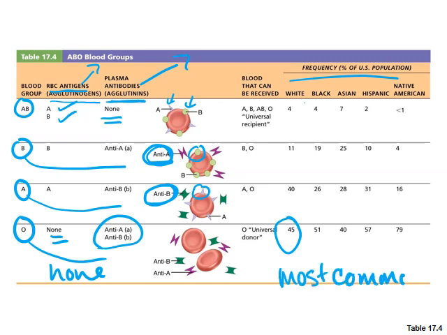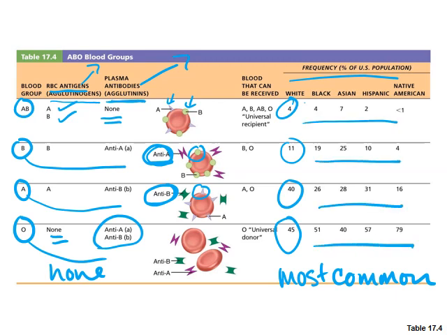This is a good thing. Followed by A, followed by B, followed by AB. And you can see it pretty much extends across all races, that this is kind of first, second, third, fourth.